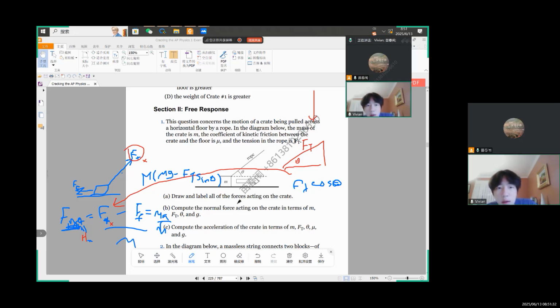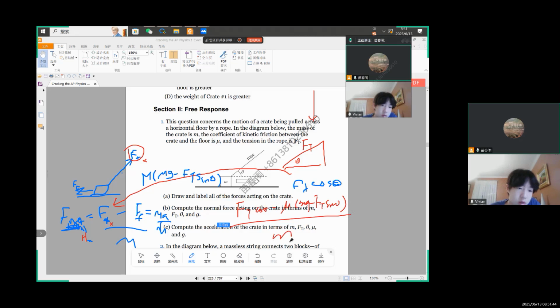So this one, F P cos theta minus mu mg minus F T sine theta, the entire thing divided by m, right? Does that make sense? Although it's complicated, I'm asking what they asked, right? They're not giving me data.